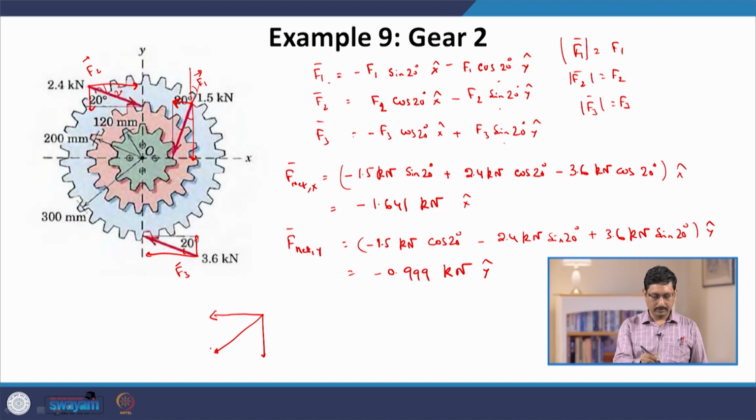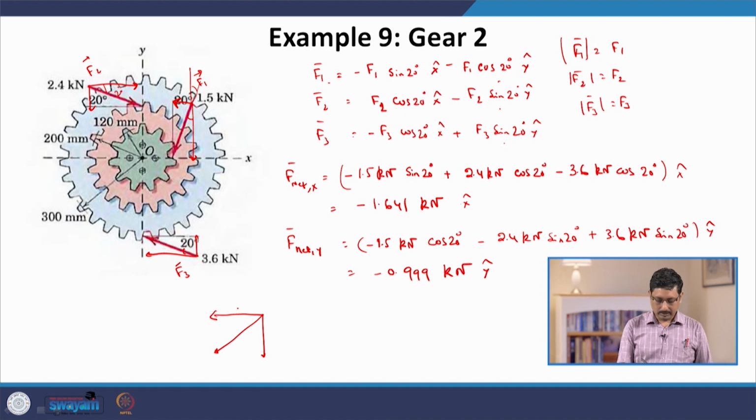You can see from this picture that the y component of largest magnitude comes from F1, and the horizontal components are from F2 and F3. So, you should make sure that if you draw it to scale, the x component and y component of the resultant force are as shown here.